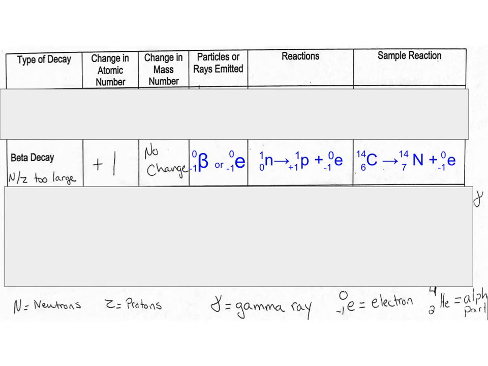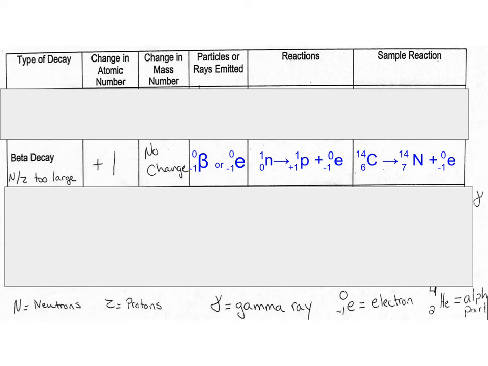Before I get into this, remember, this is a reference sheet for you guys. You do not have to memorize this at all. So our type of decay now is beta decay. Again, we have beta decay because the NZ ratio is too large, or the neutrons to protons are too large. The important pieces here are going to be our first 3 boxes.